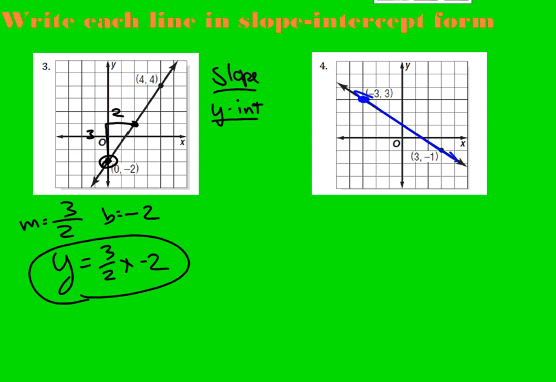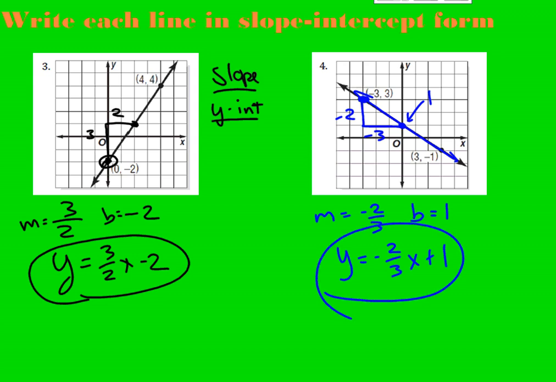Well, if I start here, it crosses there. I go down 2/3. So my slope is going to be negative 2/3. My y-intercept is going to be 1. So my equation is y equals negative 2/3 x plus 1.